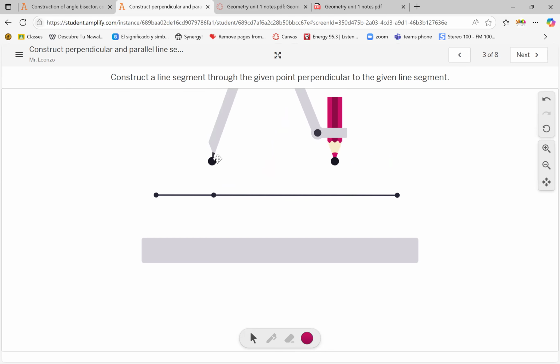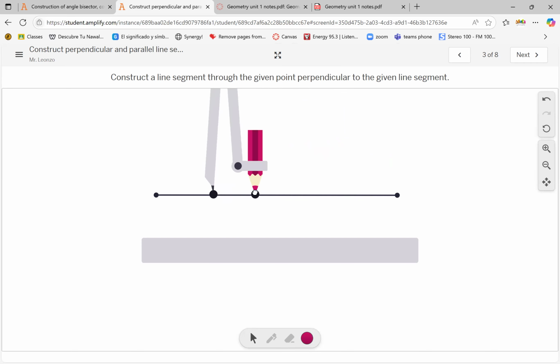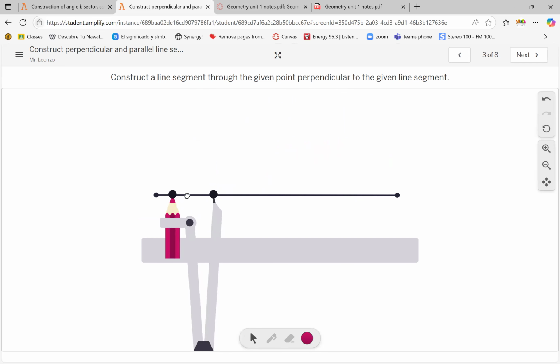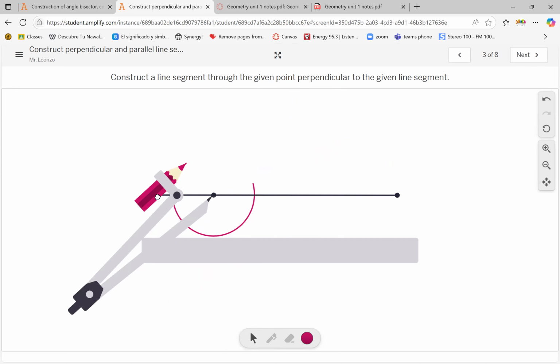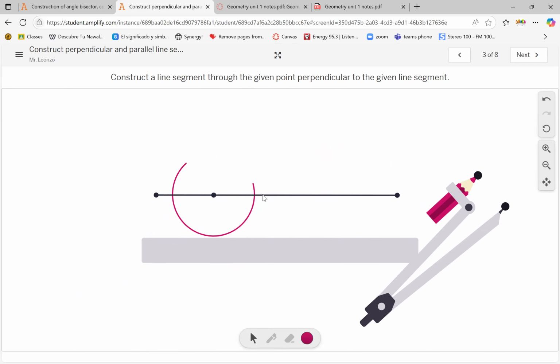Notice how there was the point, and you see how this endpoint on my compass, I put it right on the point. Now this other end of the compass, I'm gonna close it a little because I need to be able to touch the line segment twice. So I'm just gonna draw an arc such that I cross my line segment twice.